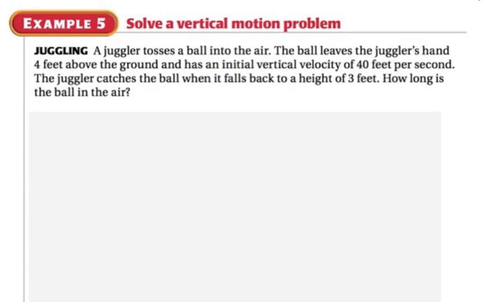So the example they give you: a juggler is tossing a ball into the air, which means they're throwing it up, at 4 feet above the ground with an initial velocity of 40, and we want to know when it falls back to 3 feet. Which means we have h is equal to negative 16t squared. That never changes.